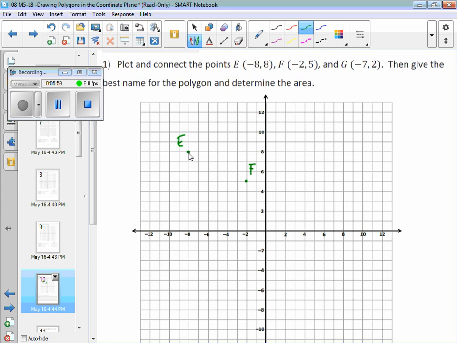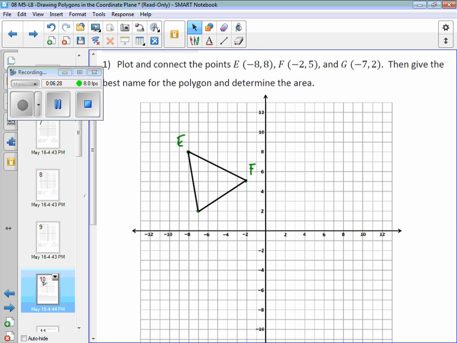And G is -7, +2. Okay, I'm going to connect. I'm going to try to make this as exact as I can, too. So it's going to make a difference when you see this, hopefully. Okay.